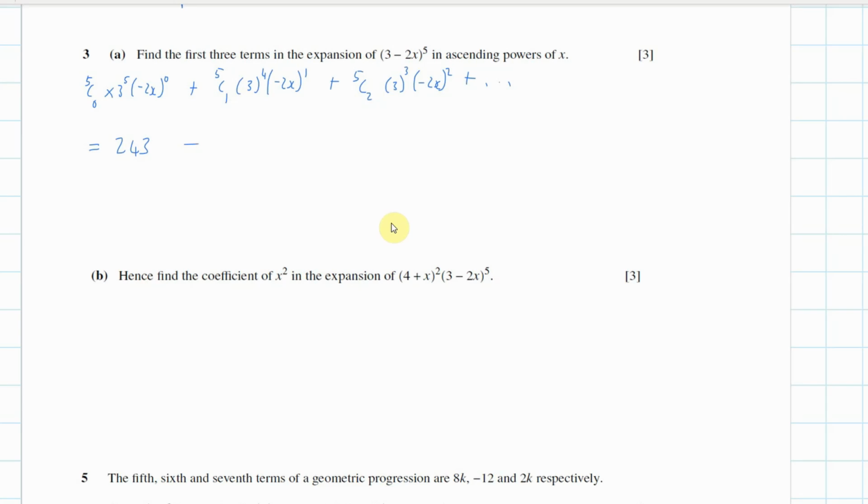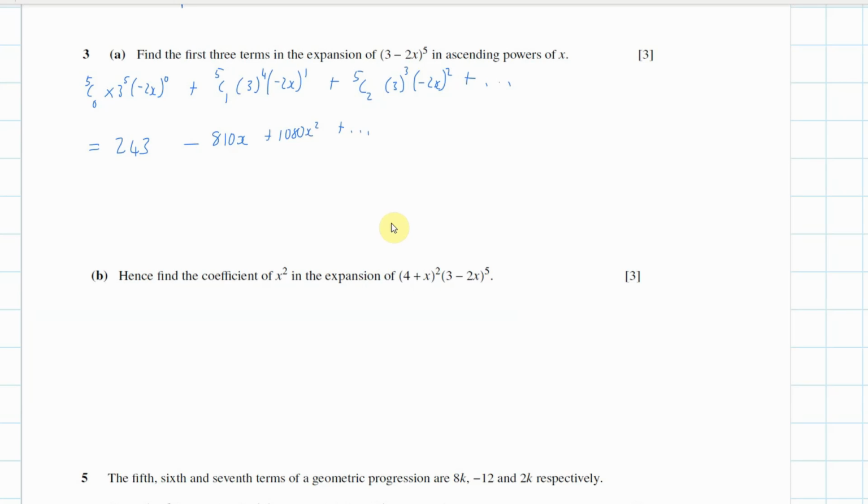And that gives us negative 810x. Now 5 choose 2 is 10 times 3 cubed, which is 27, and then times negative 2 squared, which is timesing it by 4. So that's 1080, and it's positive, so plus 1080x squared. Okay, those are the first three terms.